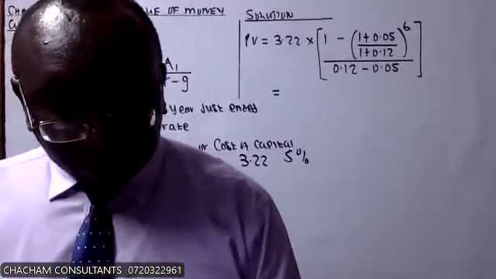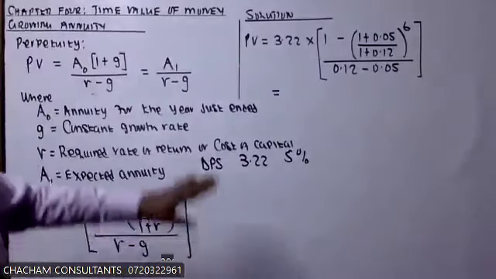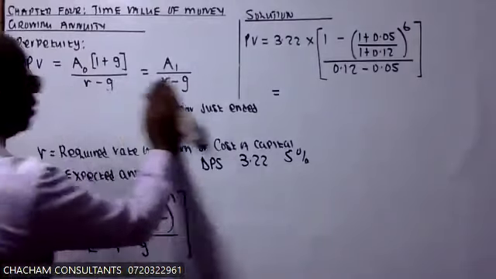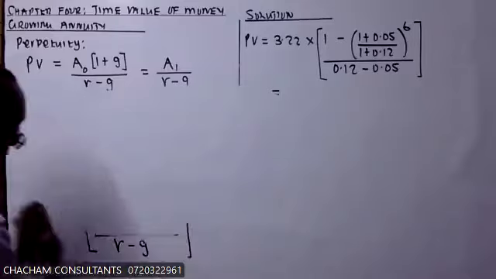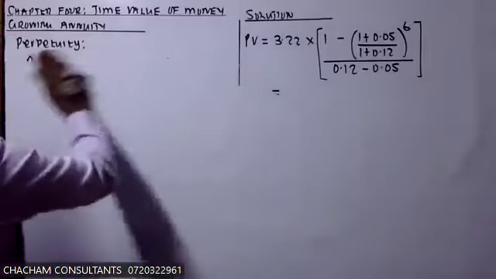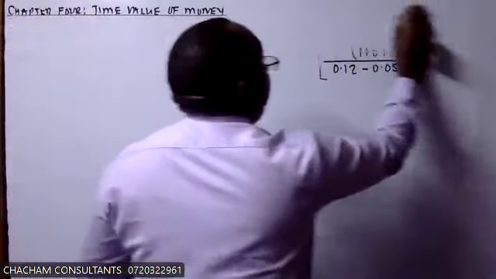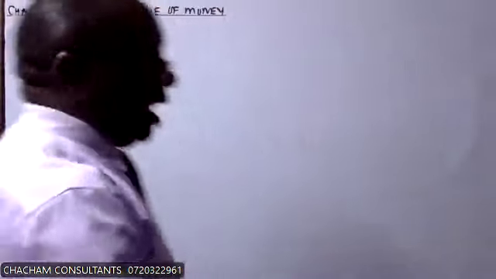So that is when the annuity is growing. Something else still in the world of annuity is called differential annuity.